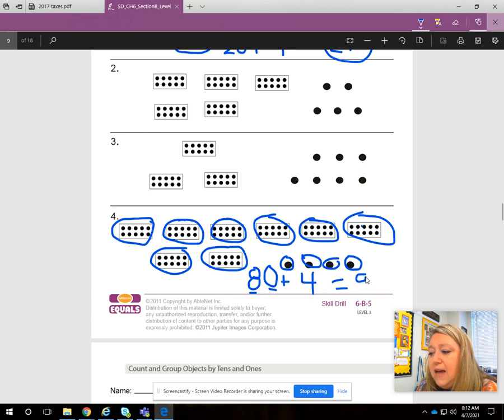That means I have 84. Okay, so if I were counting by tens, it would be 10, 20, 30, 40, 50, 60, 70, 80, 81, 82, 83, 84. So that's how I have to transition from counting by tens to counting by ones. Okay, that takes really a lot of practice.